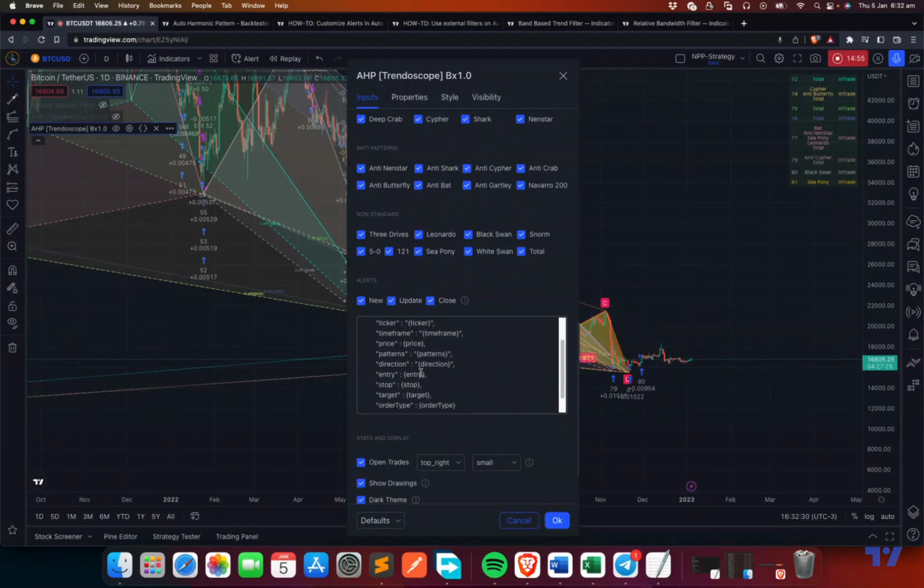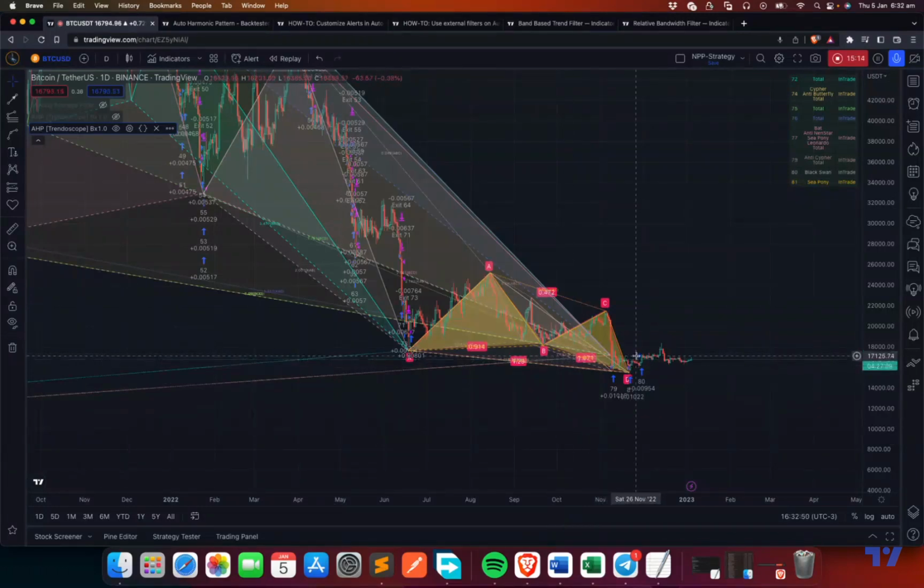There is one difference between alerts using the customizable pattern and the strategy pattern, right? This script provides both alerts. One is the strategy alert and then the customizable alerts. Strategy alerts are fired when the order is placed via strategy, right?